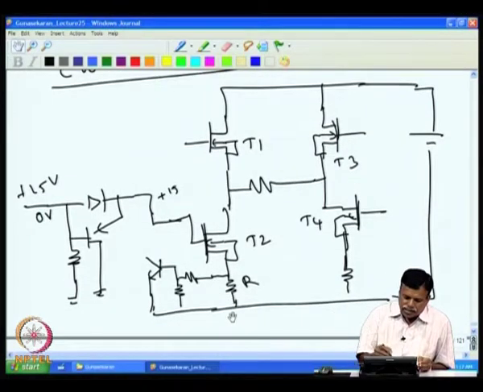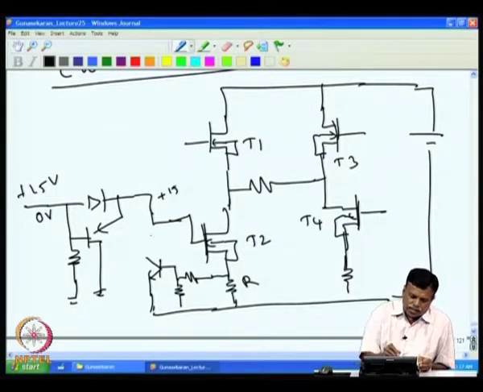So, we put a sense resistance, and the voltage across it is applied to this. When the voltage at this point goes above 0.6, this transistor will conduct. I can connect this here, but the problem is that it will be limited to 0.6 and the conduction will take place.